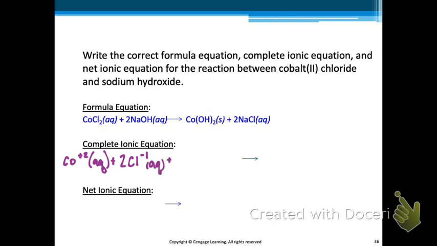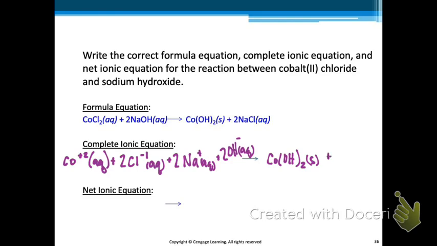My next one is sodium, Na plus, and how many of those do I have? 2. This is aqueous, plus 2OH minus aqueous. Agreed? Now on the product side, we already determined that cobalt hydroxide is going to be a solid, so I don't have to break that up into ions.